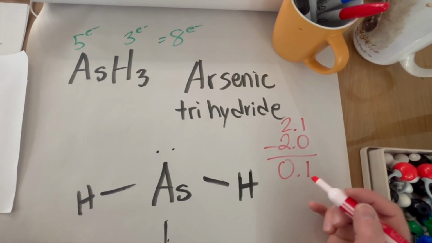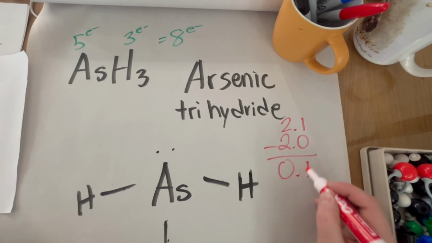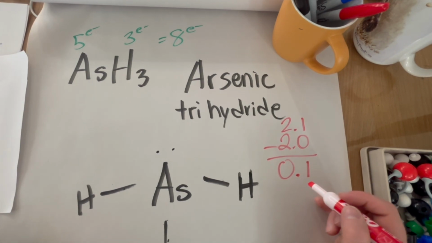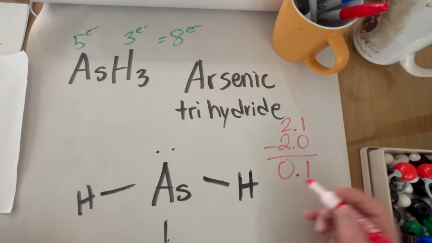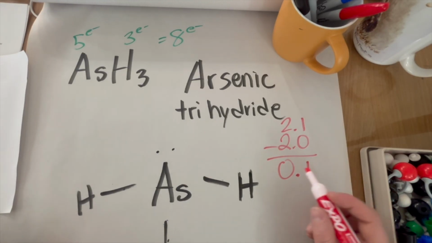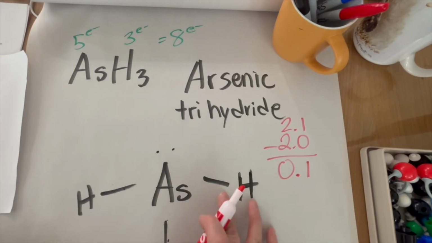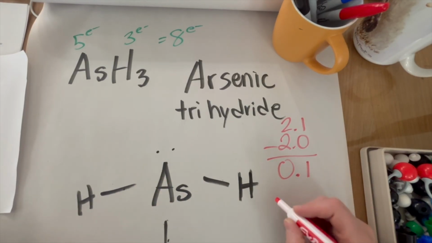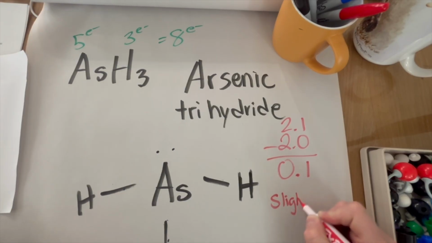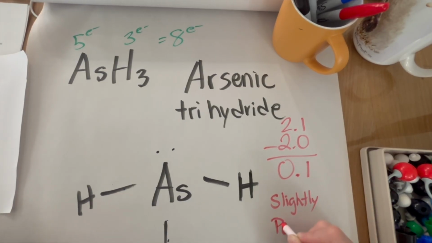Even though this is pretty low, it is slightly polar, very slightly polar. So it's closer to non-polar, but it is slightly polar because of the way the hydrogens and the arsenic relate to each other. So we're going to call it slightly polar, but it's basically non-polar.